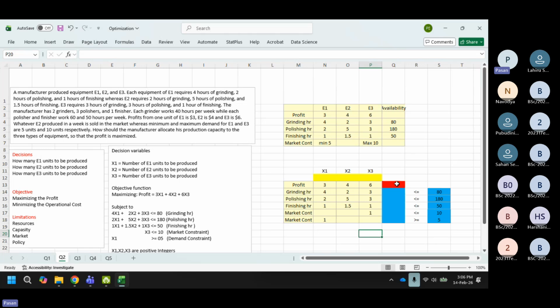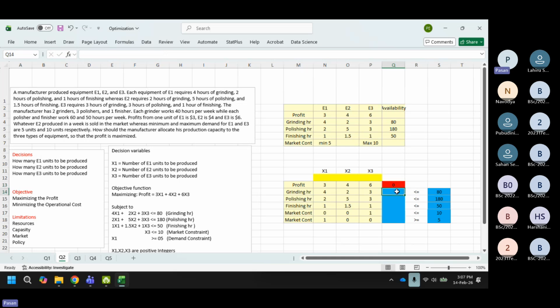Then I can go to the others. Basically I can put these as zeros here, right? And then I can take this cell here and use the SUMPRODUCT command, taking this cell here and the profits, these three cells here. So that's my objective function.